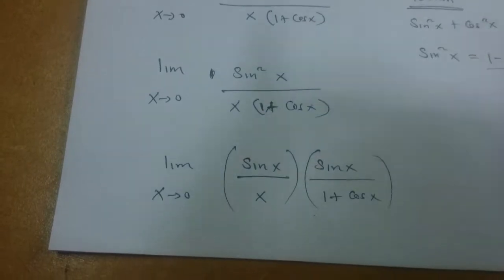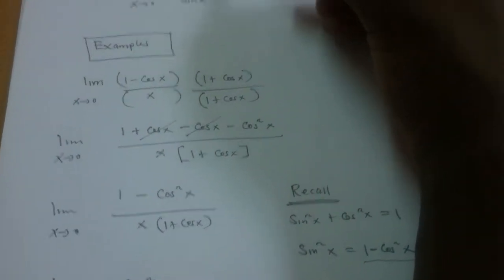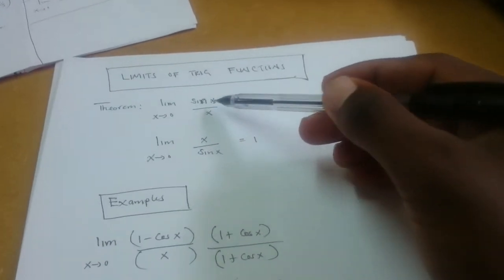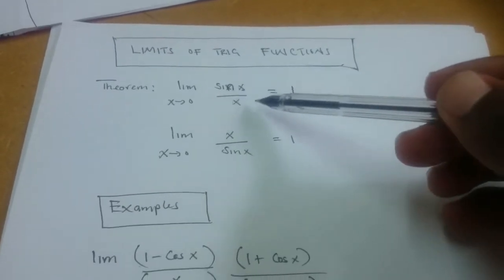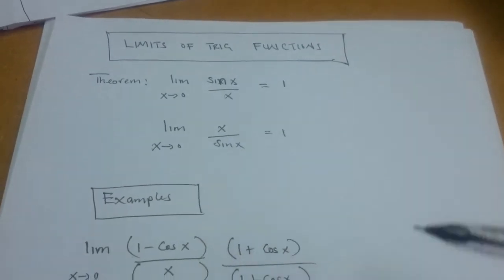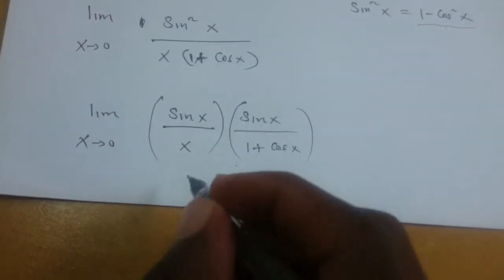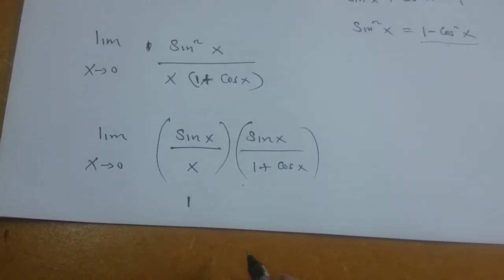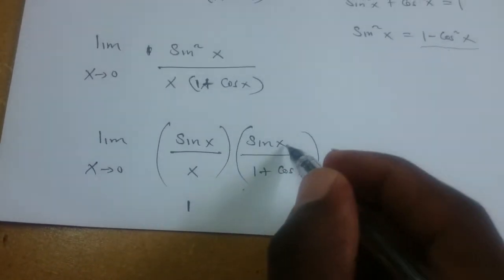Then from the theorem, the limit of sine x over x is 1. So you can see that this one will give me 1.